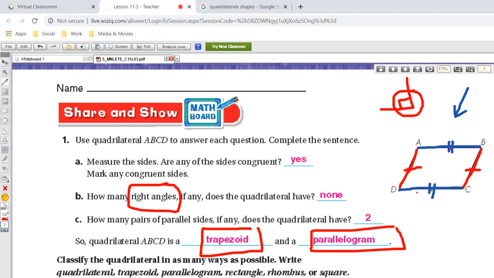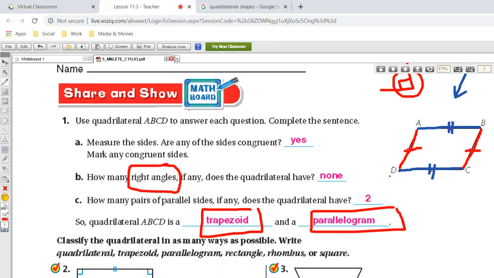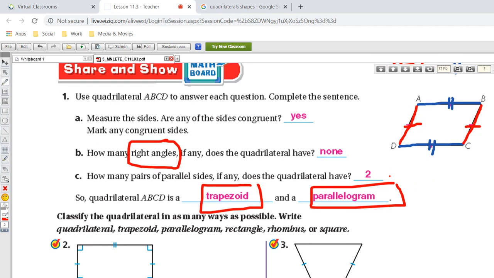Okay, so all the shapes are trapezium. And if we have another property, which is that each two opposite sides are parallel and equal in length, it will be a parallelogram. So add parallelogram to your answer. Okay, yes, Naif, trapezoid is all shapes.